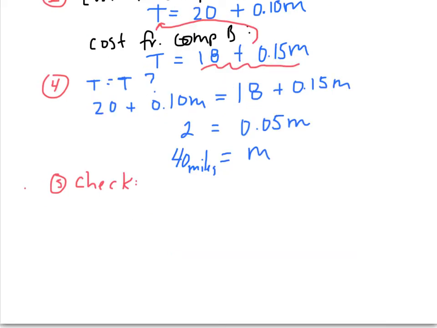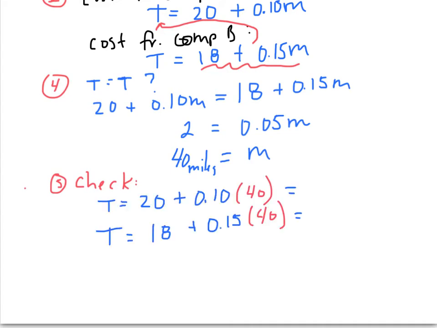In the next step is where I'm encouraging you to check your answers. So does the 40 miles actually give the same cost to both rental cars? So in this example, I'm going to have to plug in the 40 miles in both equations and hope that my cost values come out equal to each other.